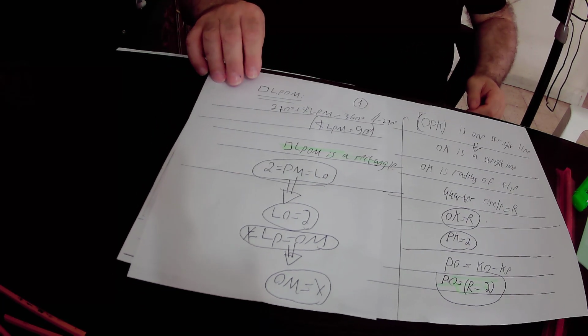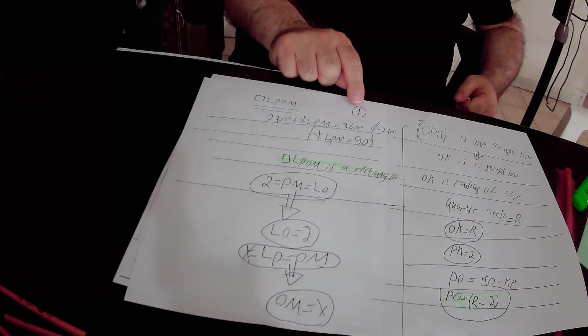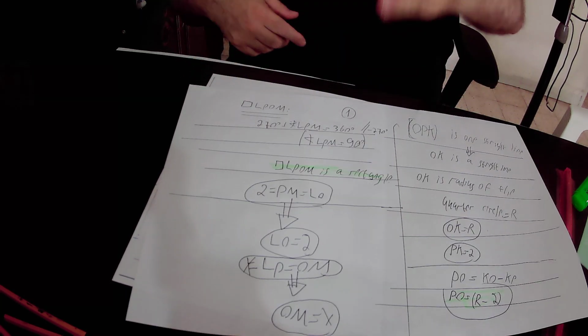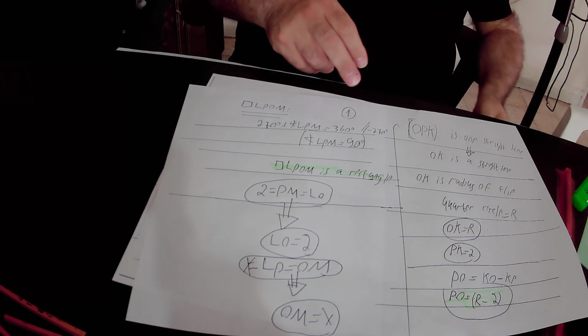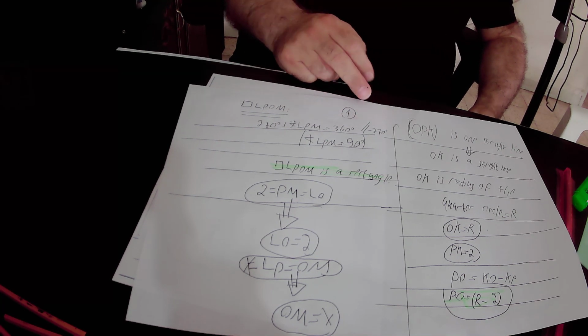So 270 degrees plus the size of the fourth angle, LPM, must in total equal 360 degrees, according to the rule that the sum of the angles in any quadrilateral is 360 degrees. Subtracting 270 degrees, we find that the missing angle LPM equals 360 degrees minus 270 degrees, which equals 90 degrees.